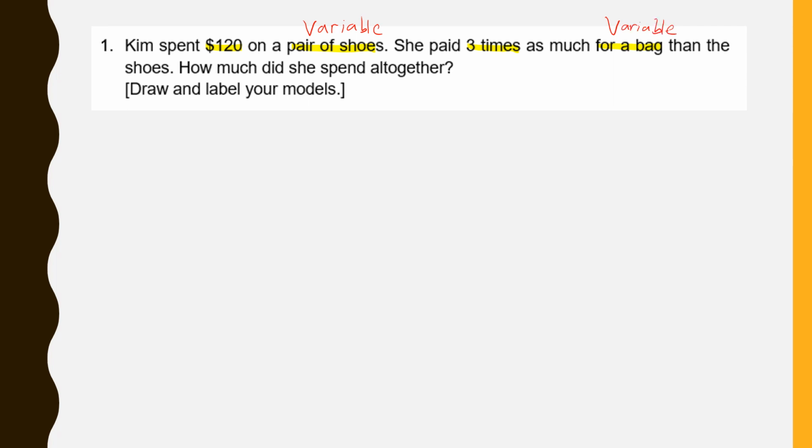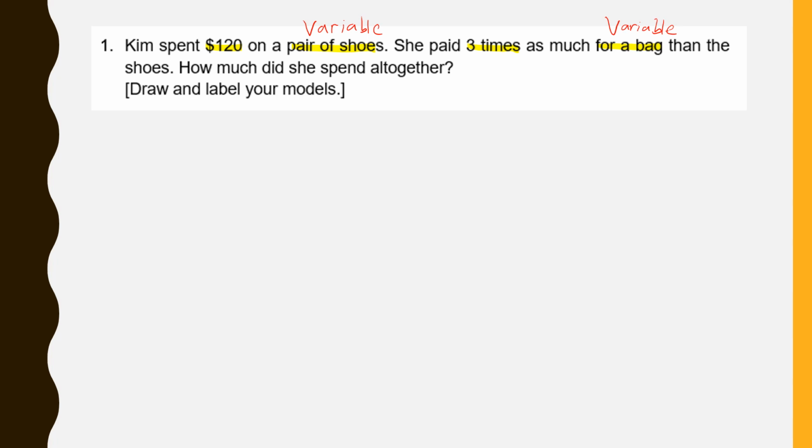So Kim spent $120 on a pair of shoes. That is already a given value for the variable, and she paid 3 times as much for a bag. Now you can easily find out how much that is by working it out yourself. So I'm going to just draw the model for the first line.